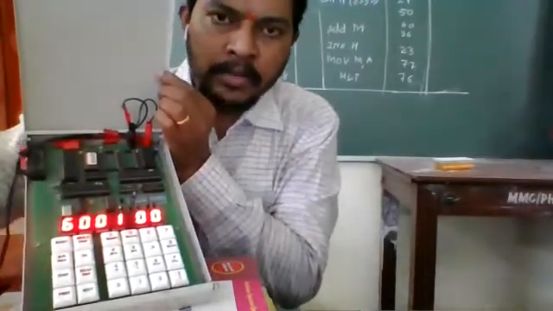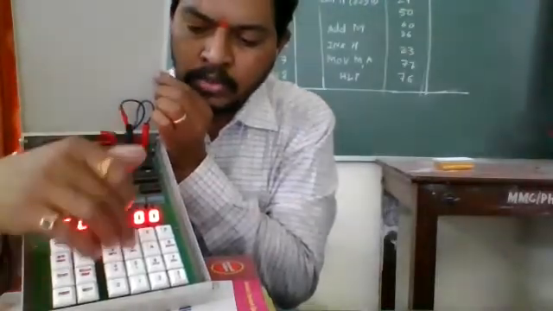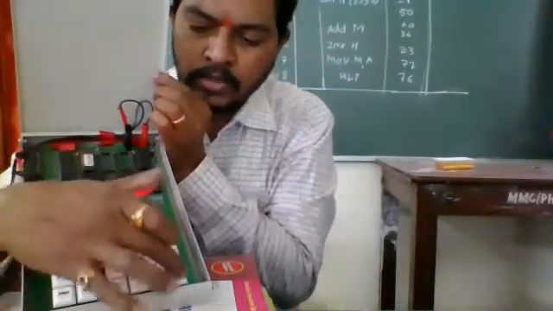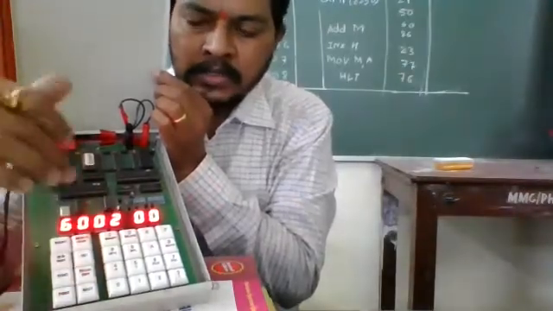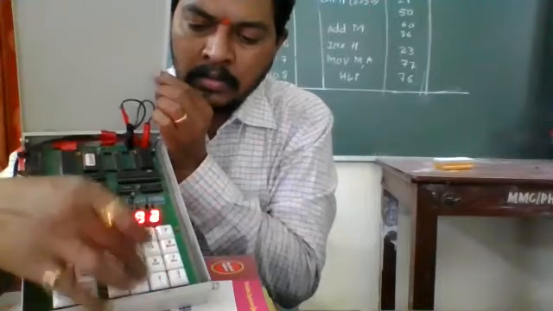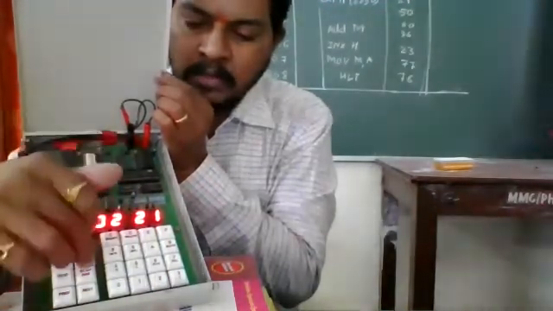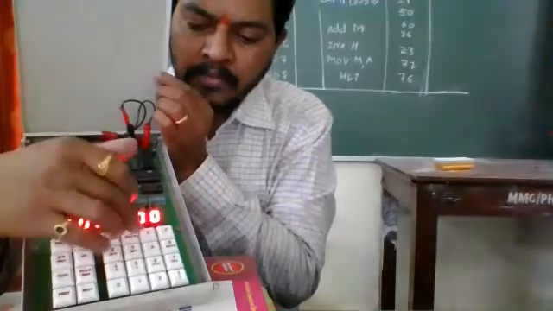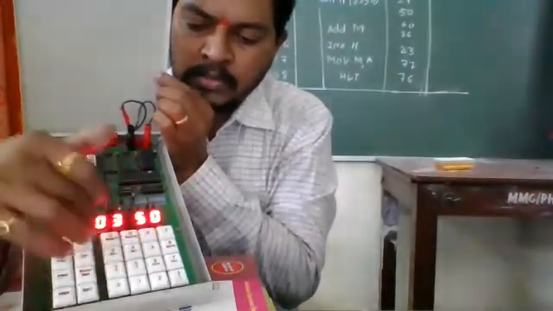Then next, what is the second data now? The data which we have to add, that is 03. So I'm putting here 03. Next data: 21 to load the HL pair. So 21. Then next we have 50. This is 5, this is 0.